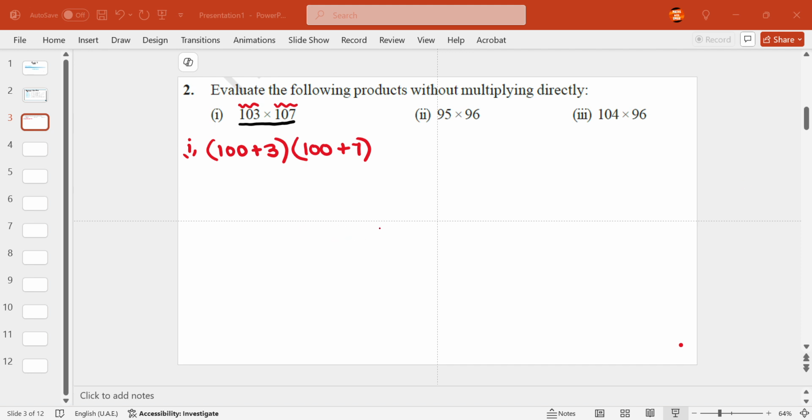Just now we have seen it is 10,000, plus, in brackets we have to simplify, minus 5 plus minus 4. When both are negative, what are we supposed to do? In integers we have learned that if both are negative we have to add. 5 plus 4 is 9, and what is the common sign? Minus. So it is minus 9 times 100, plus what is the product of two negatives?